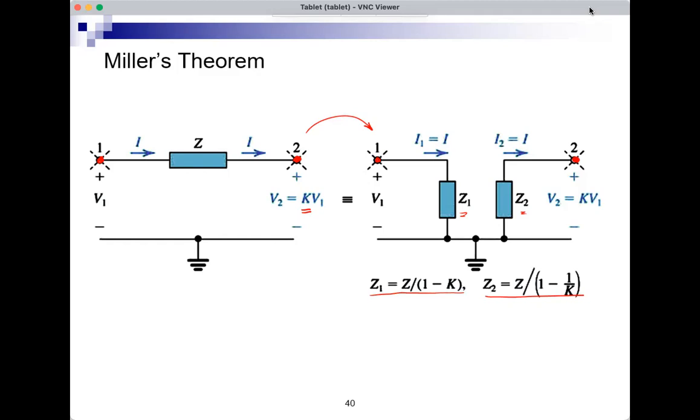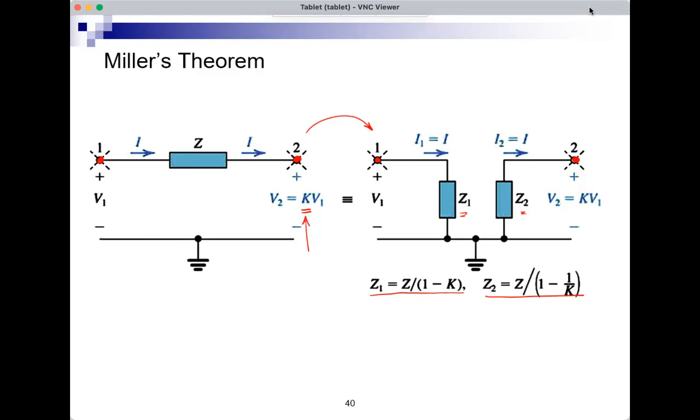This is a method to get rid of an element between two nodes if it's complicating my analysis, because it becomes two elements between the nodes and ground. But there is a very important condition here. K should be known beforehand, and V2 should always be equal to K times V1. If V2 is not K times V1, or I don't know K, or it changes with the conditions of the circuit, I cannot apply Miller's theorem.